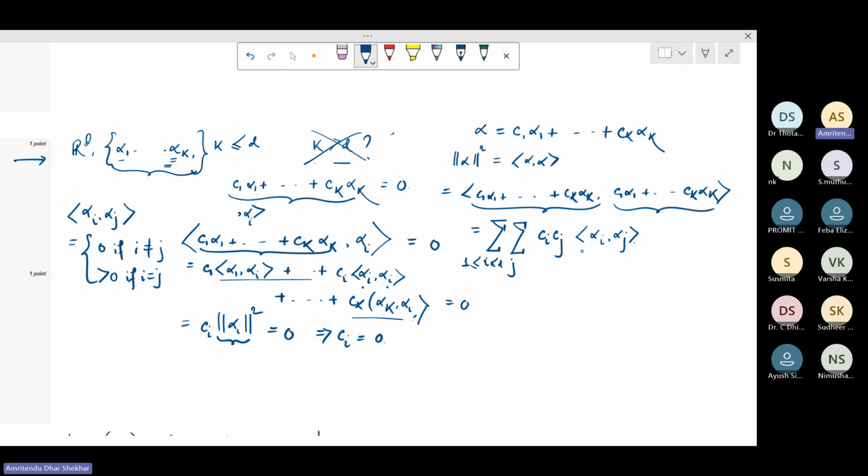Now, if alpha_i and alpha_j are orthogonal to each other, then you know what these are, right? The inner product is zero if i is not equal to j.